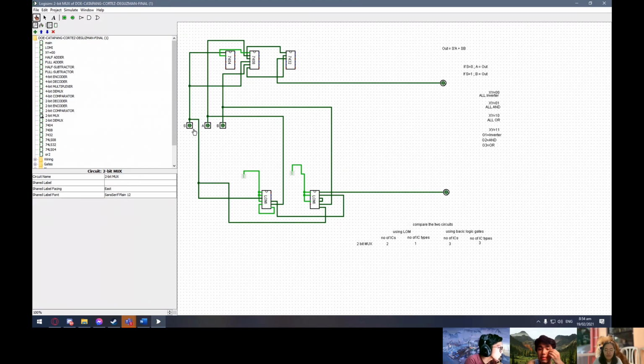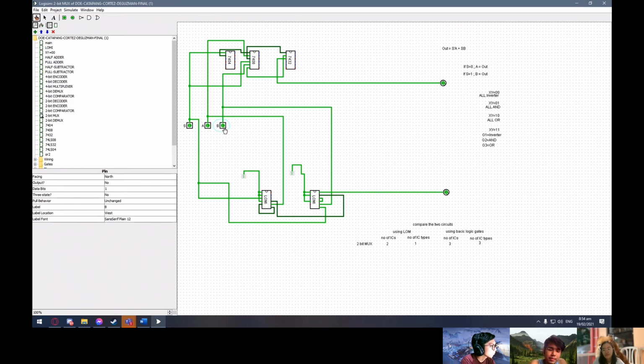So the selector here selects that if B is lighting, then the output should also light. And if S equals 0, then A will light up the output.